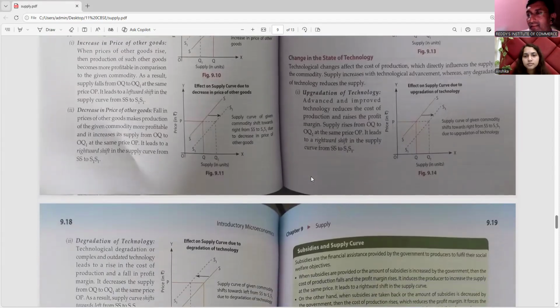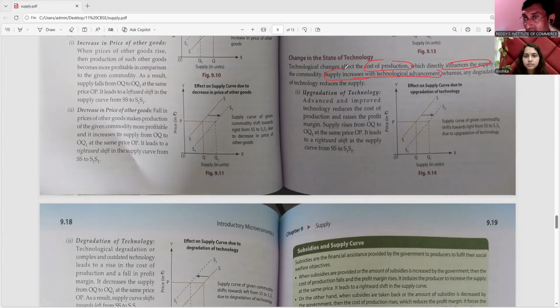Now, another factor which is affecting the supply of the commodity is changes in the technological factor, which affects the cost of production and directly influences supply.